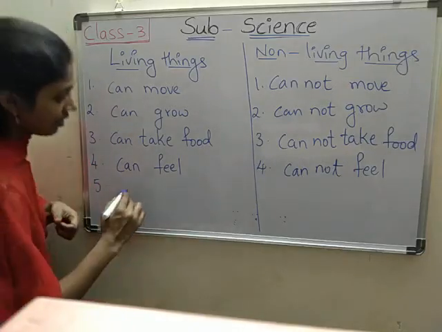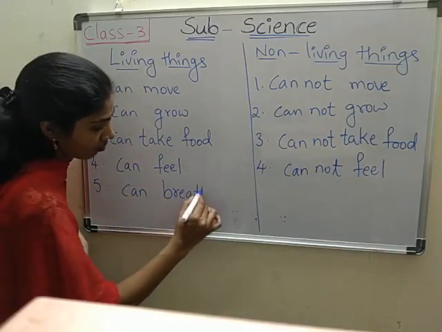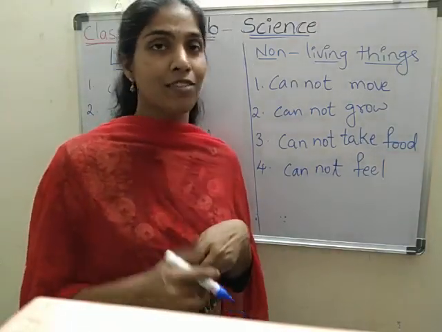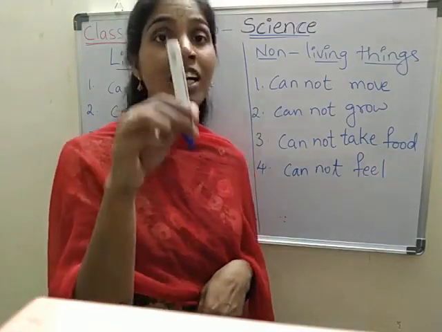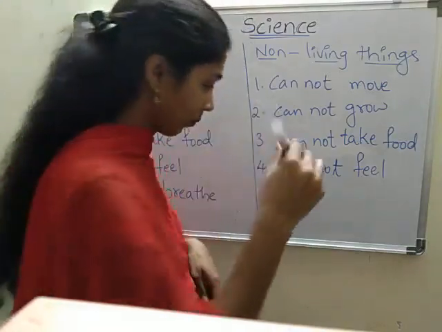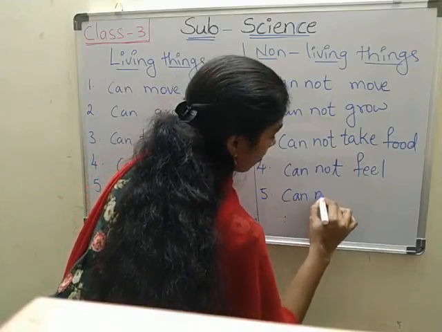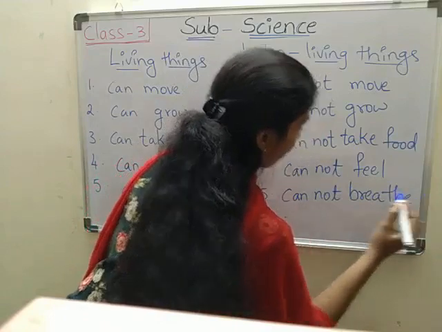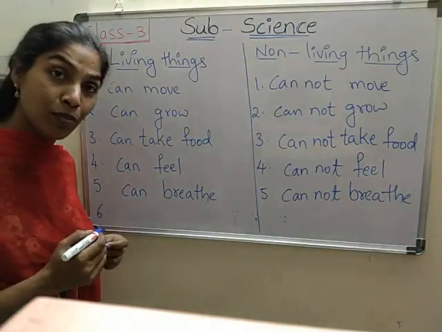Next. Now tell me, children, can living things breathe? Very good. Living things can breathe. Can non-living things breathe? Very good, children. Non-living things cannot breathe, because they are non-living. Now tell me, children, can living things reproduce?